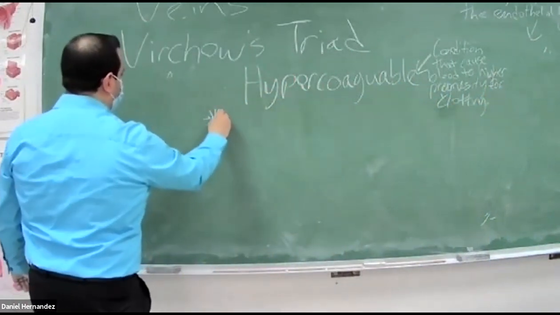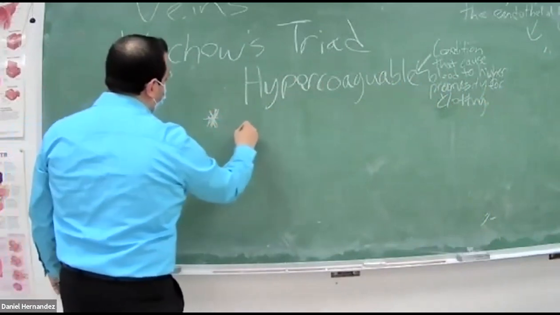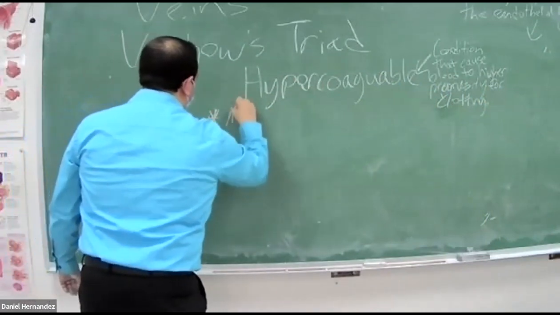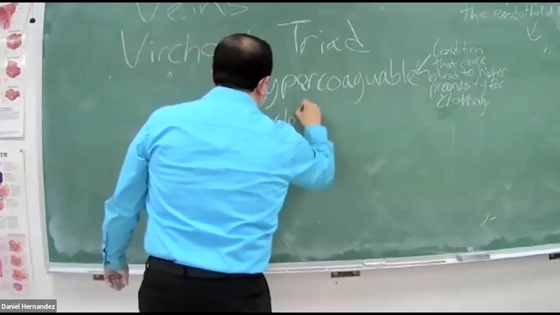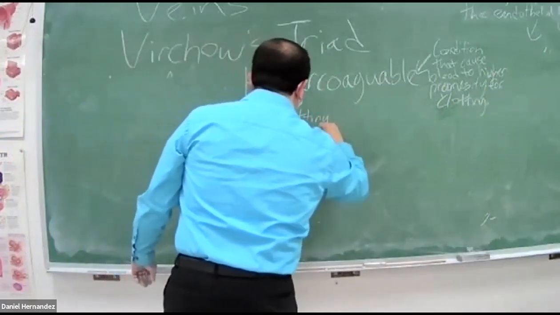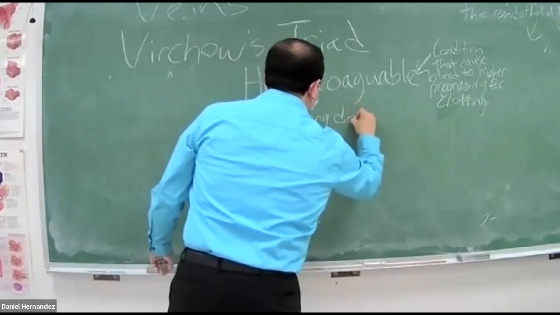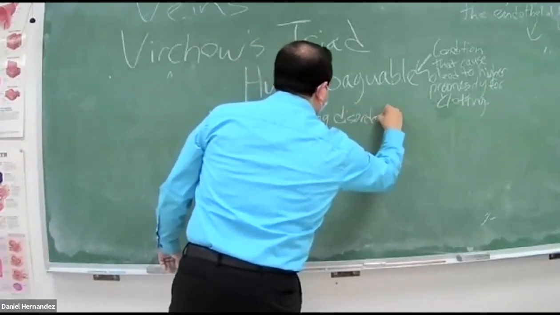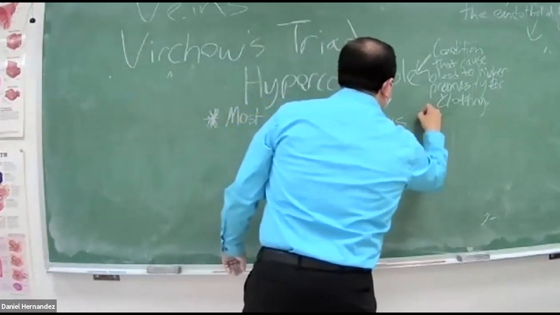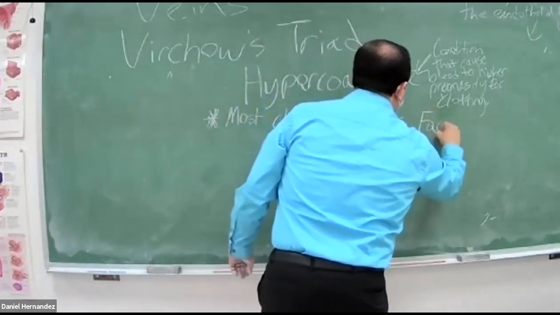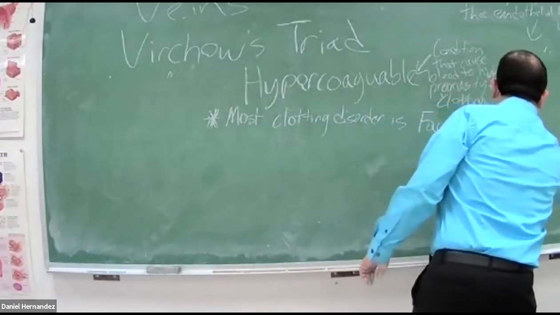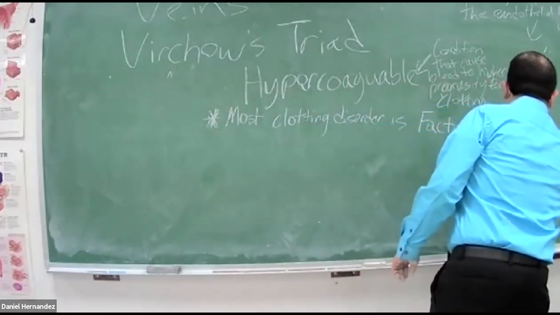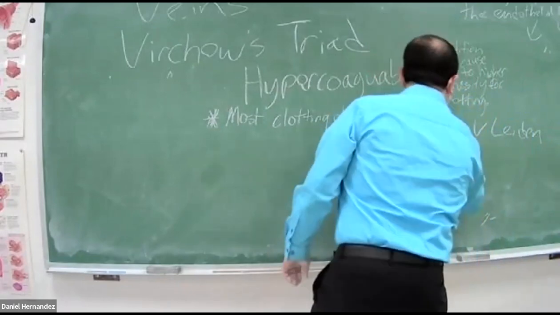This is going to include all your different clotting factors. The most common clotting disorder is your factor V Leiden. That's your most common.